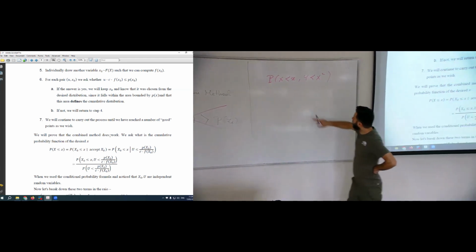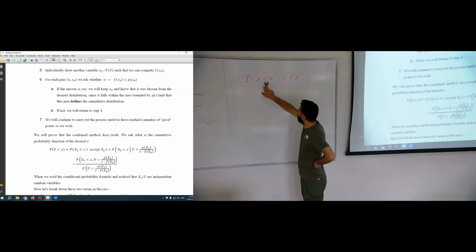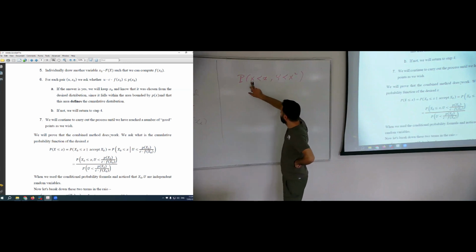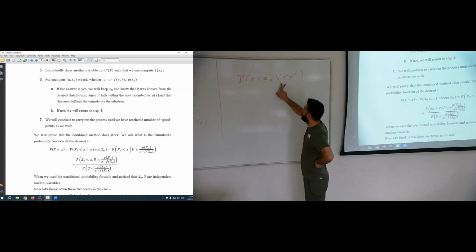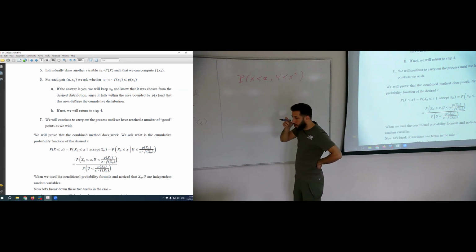Because for each fixed x I can say that this is the multiplication, but I have x here and I have x here. So how to calculate this?